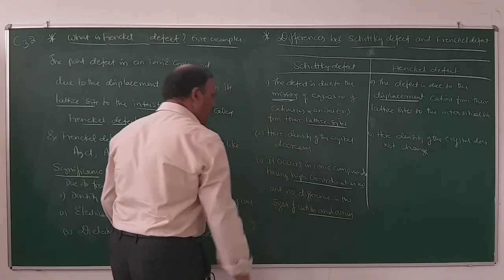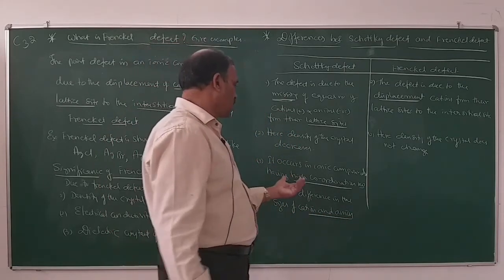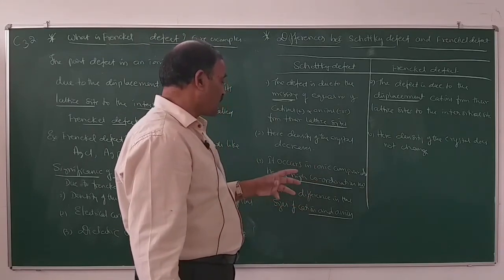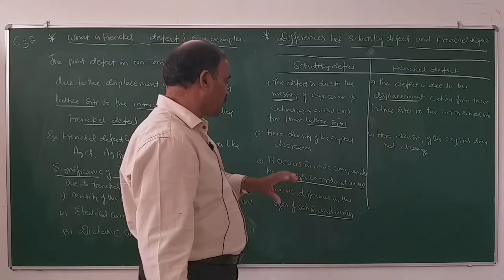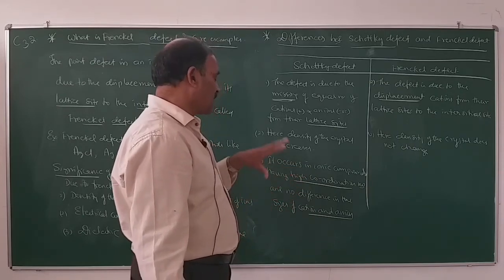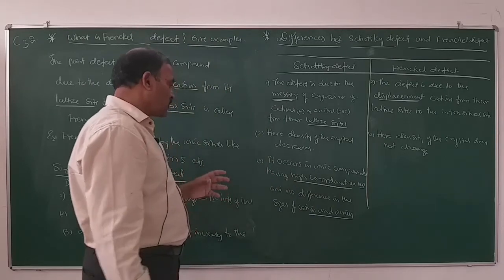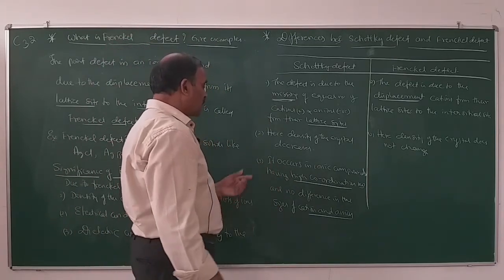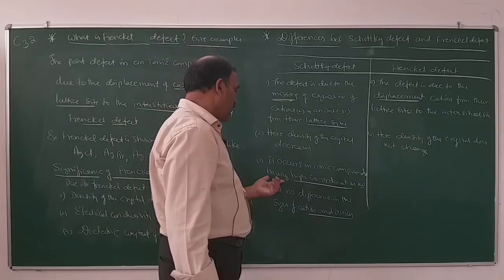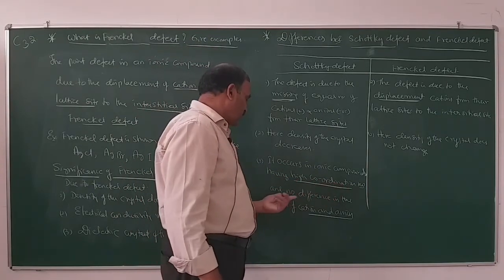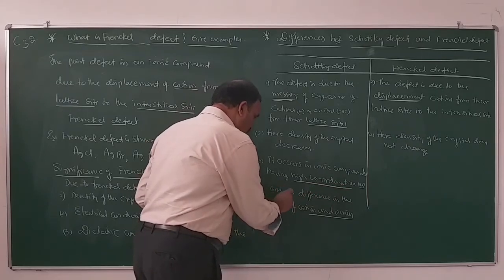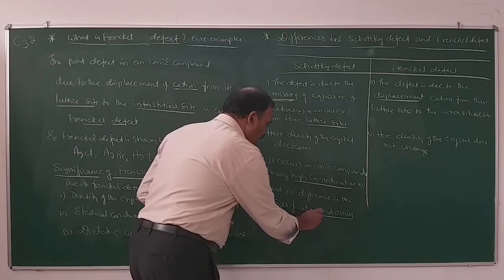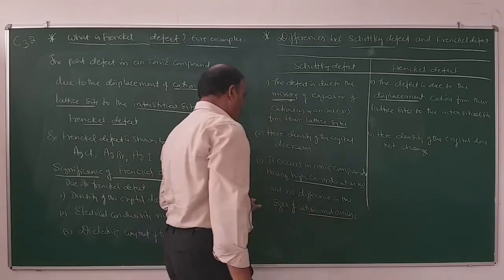So the coordination number should be high and the sizes of cations and anions should not differ to a large extent. That means the sizes of cations and anions should be almost the same. So this is the third condition.